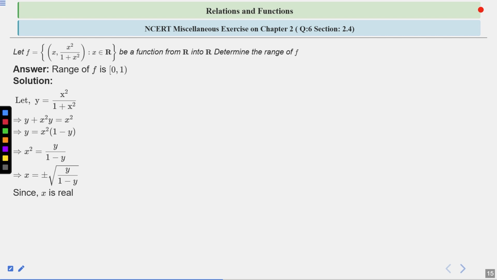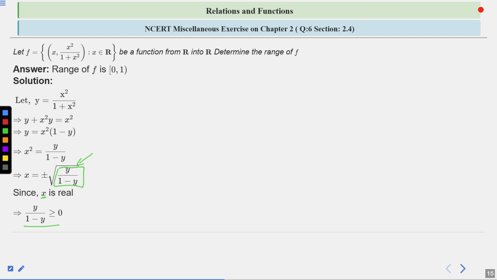Now, as already given that each input, your domain set is simply your complete set R, meaning your x is from the set of reals. Now as I have already told you, if you ever encounter this under root thing, then the first thing you have to do is put this expression greater than equals to 0.